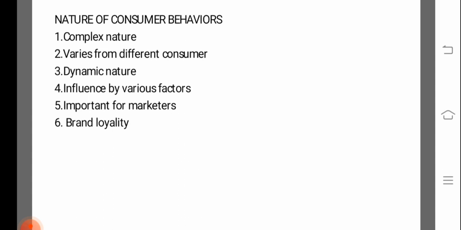Varies for different consumers. Yes, varies for different consumers is another nature of consumer behavior. Different consumers have different needs and varies. Hence, it is impossible for the marketer to focus on each and every consumer for their product. Therefore, marketers try to identify their target market for their products and services in the marketplace.